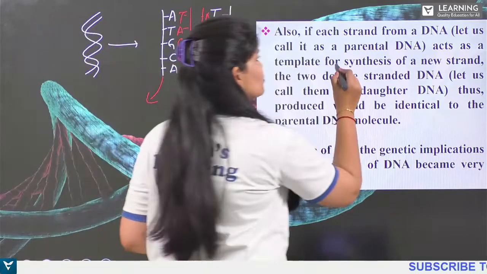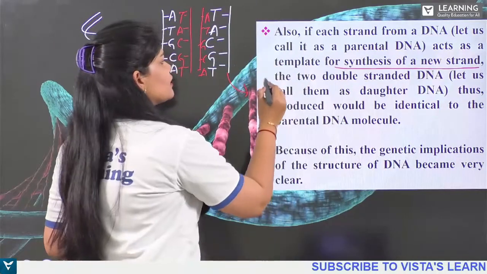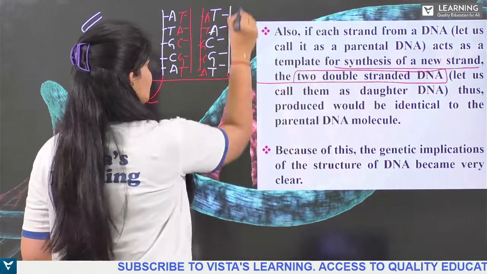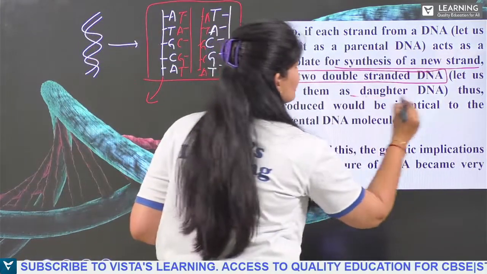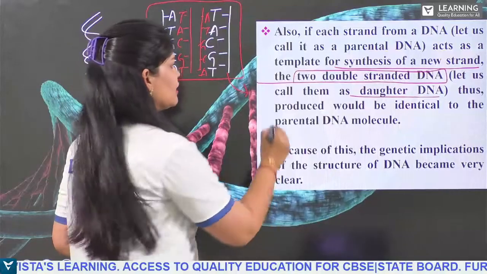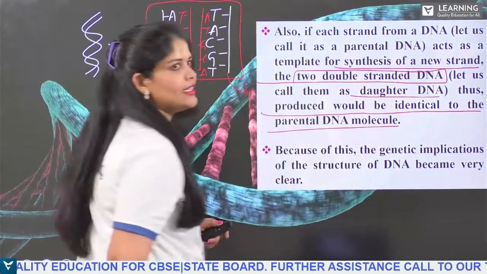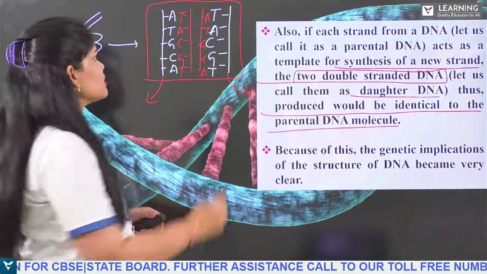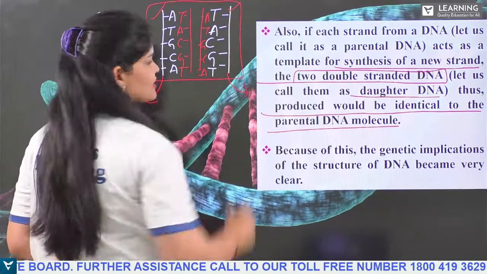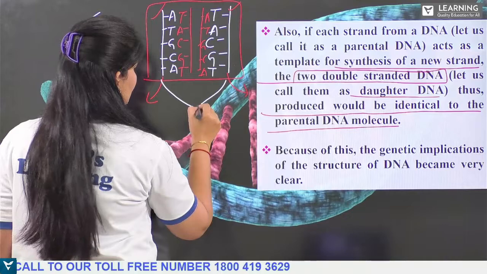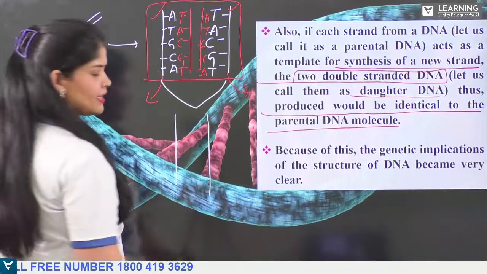So here also, if each strand of the DNA, let's call it a parent strand, acts as a template for the sequence of the new strand, the two double-stranded DNAs, let us call them daughter DNA, would be identical to the parental DNA because these are parent strands. Let's take the parent strands here and see, right?